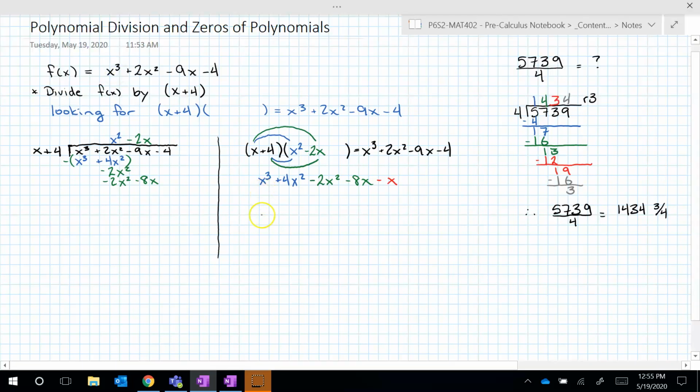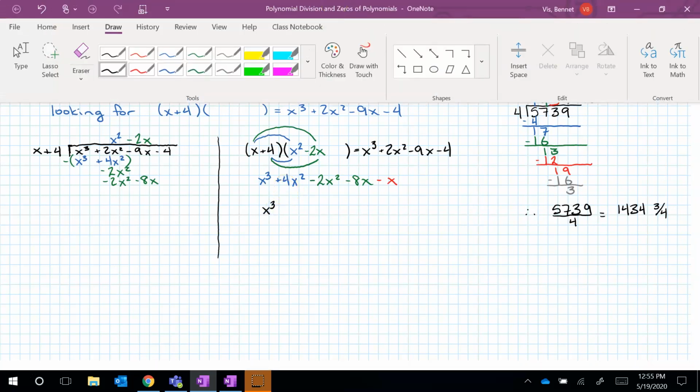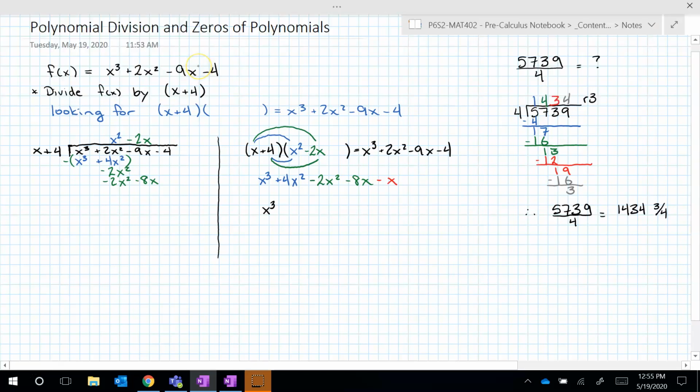This is taken care of. This here, the 4x squared and the negative 2x squared, those combined to make the positive 2x squared that I wanted, right? The next pieces, the negative 8x and now this negative x, I made a negative 9x that I wanted.